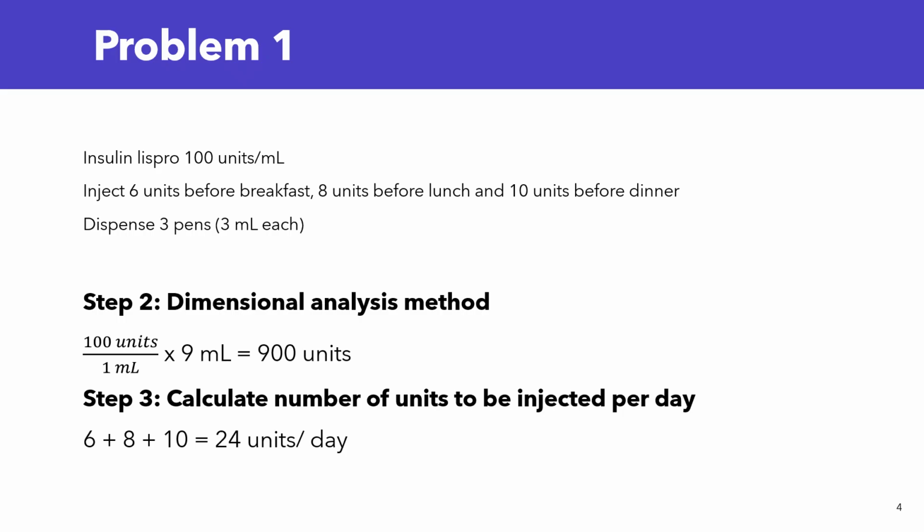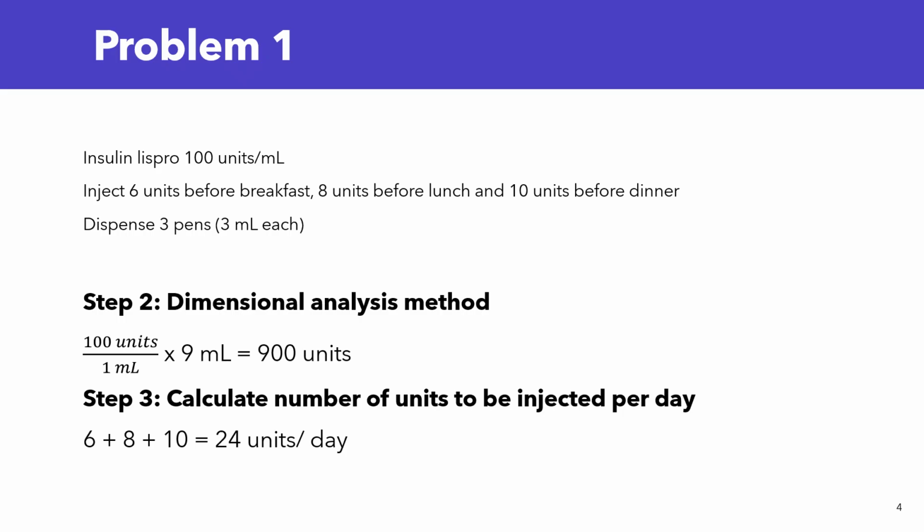You have 100 units per ml and then you have 9 ml. So to set it up, you're going to have 100 units over 1 ml times 9 ml. The ml cancel out and then you have 100 times 9, so that's 900 units. So you see with ratio and proportion and dimensional analysis, you get the same answer, 900 units.